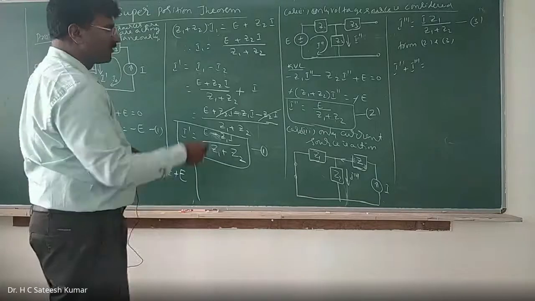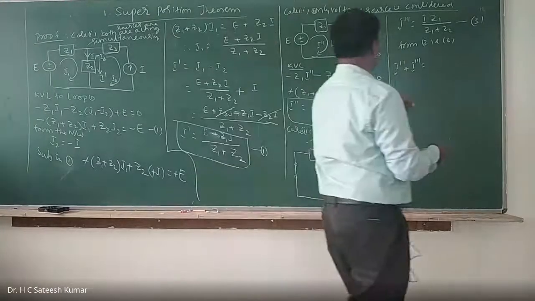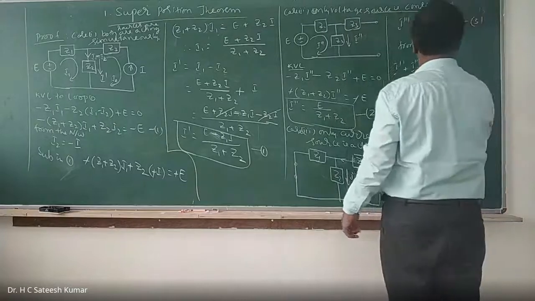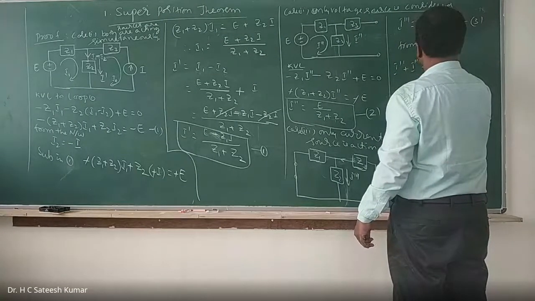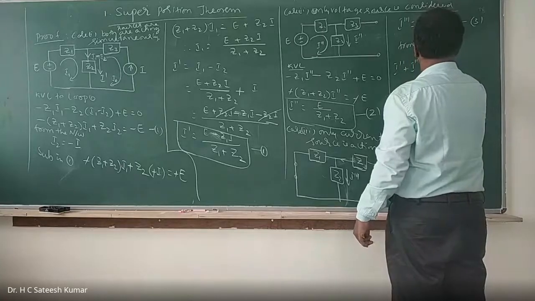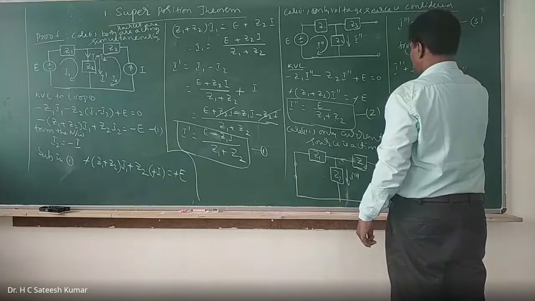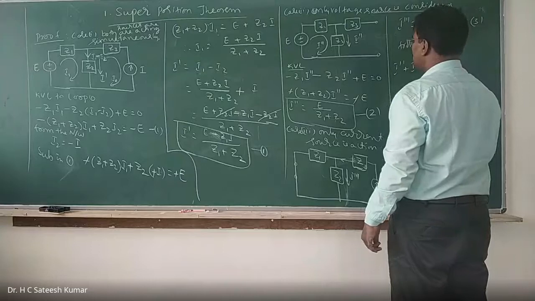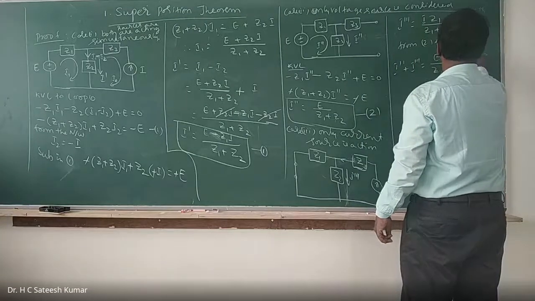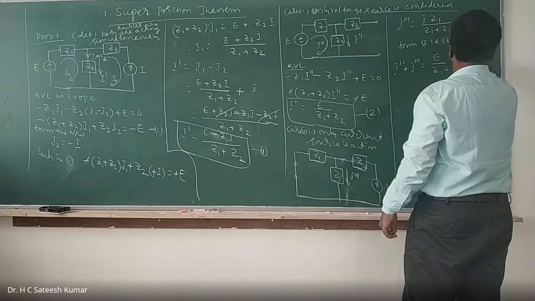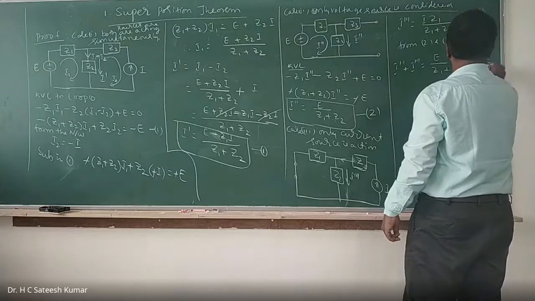Anyhow, we shall calculate this one: I double dash plus I triple dash. I double dash is E divided by Z1 plus Z2, plus I into Z1 divided by Z1 plus Z2.